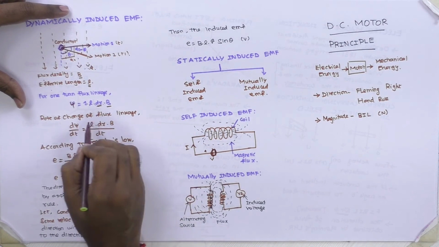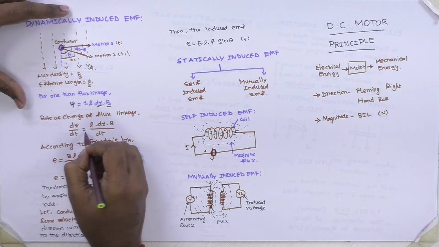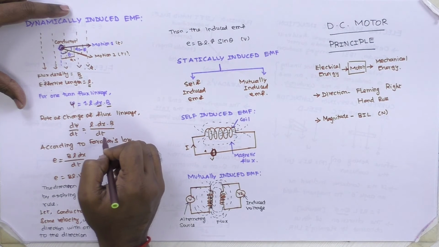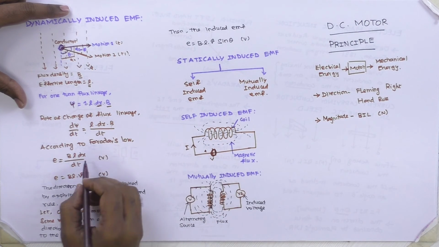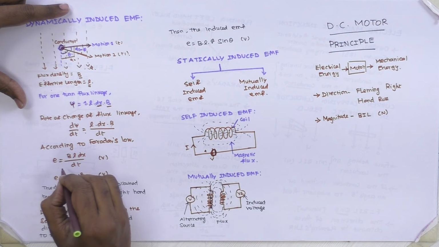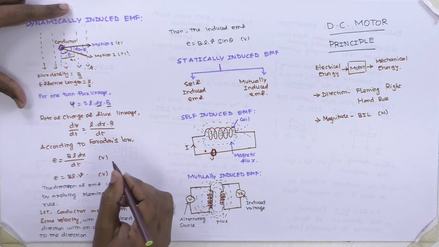Then the rate of change of flux linkage, d psi by dt, is equal to L dx B divided by dt. According to Faraday's laws of electromagnetic induction, E is equal to the rate of change of flux linking with the conductor.